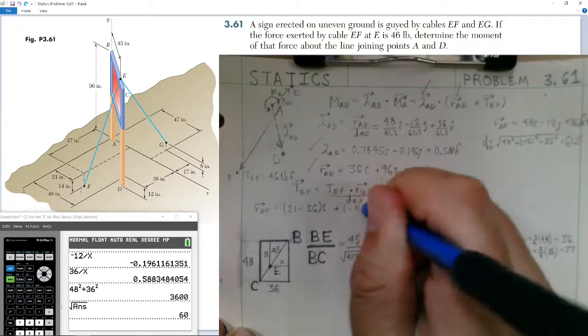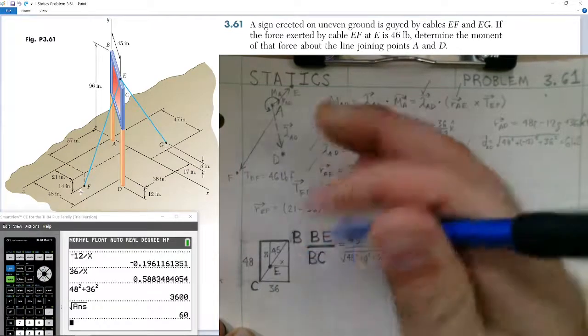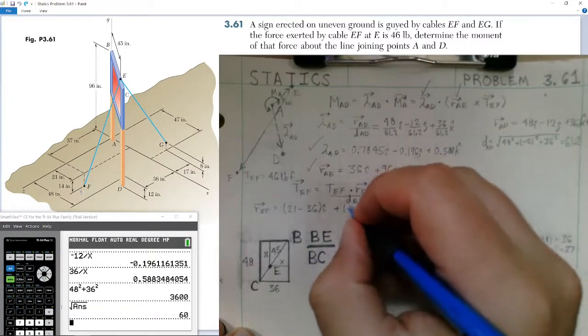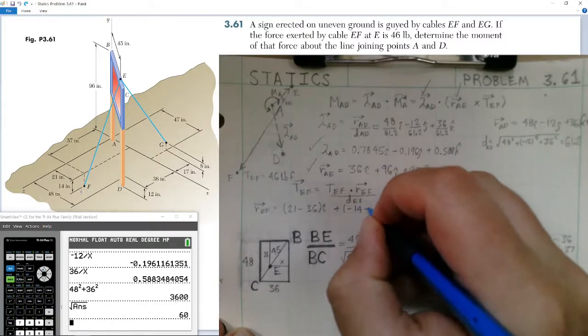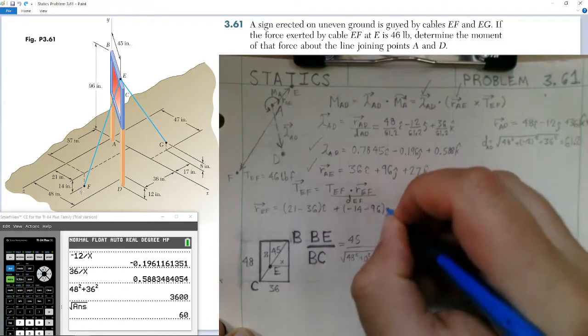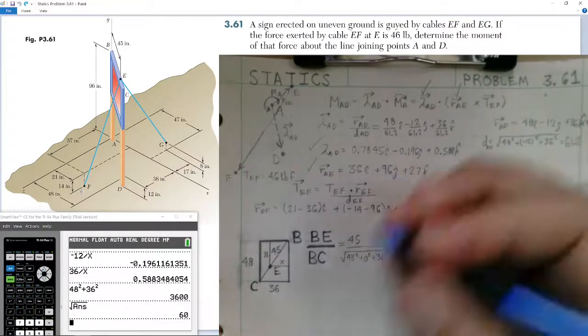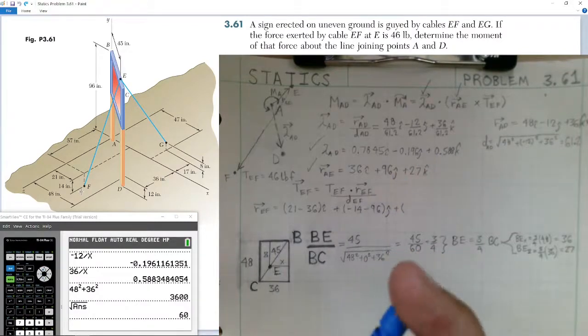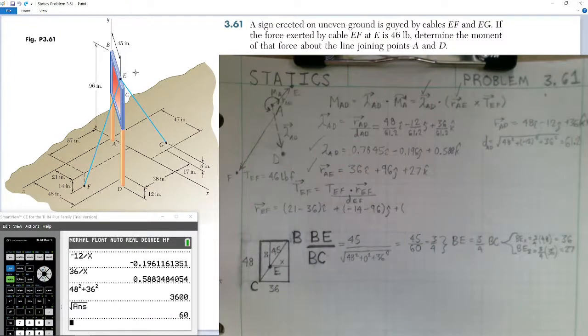Actually, we want to stay consistent with point F's coordinates first and subtracting point E's. We would do minus 14 minus 96 in the j hat direction. And finally, in the k hat, point E already has a position of 27 away from the x-axis in the z direction. Point F has come out 57 inches from the axis.